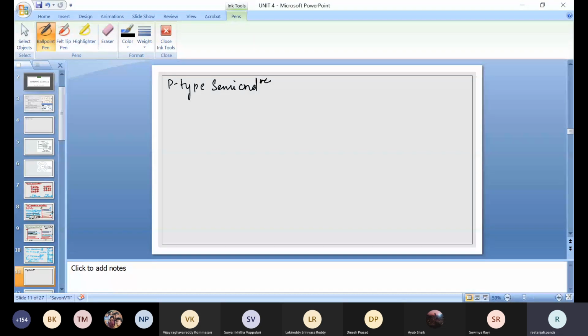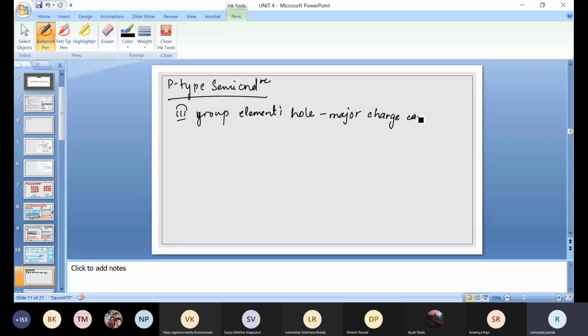We are adding a third group element. If we add a third group element, holes are going to be created. So holes are here the major charge carrier.